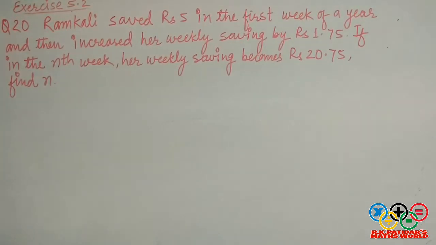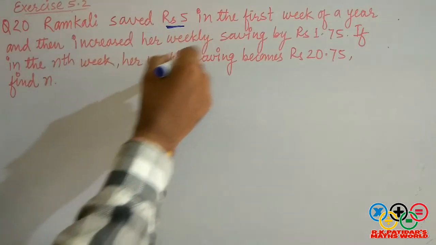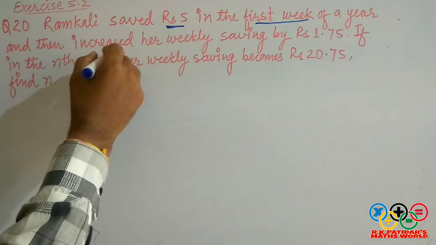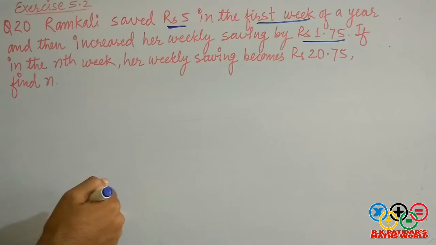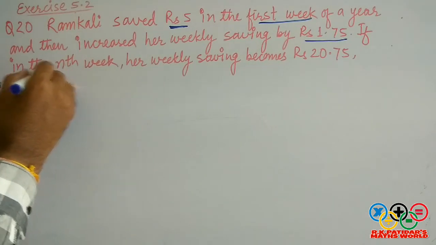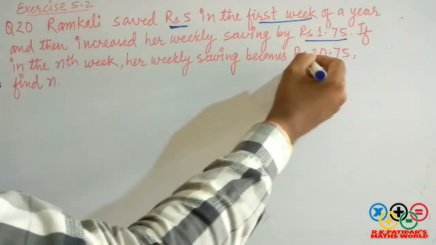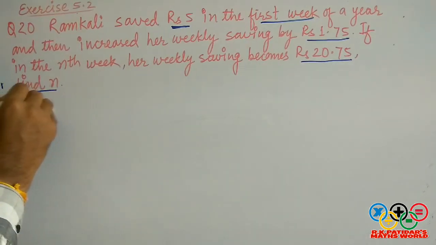Question number 20. Here it is given that Ramkali saved rupees 5 in the first week of the year and then increased her weekly saving by rupees 1.75. If in the nth week her weekly saving becomes rupees 20.75, we have to find out the value of n.